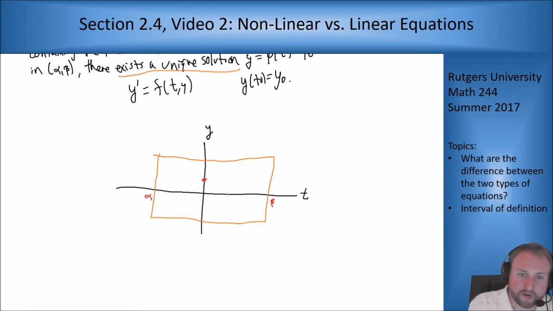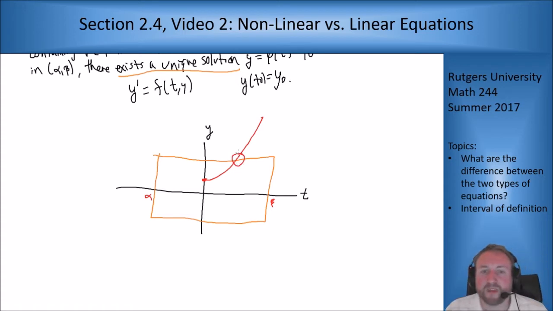However, the issue is for nonlinear, my curve might do something like this. This might be my solution curve. Once I break this rectangle here, I have no idea if I'm continuous anymore. I haven't gone further to the right of beta, but I've lost where I might be continuous. So in that case, I could lose my solution at that point here. It might be the time where my solution stops existing.